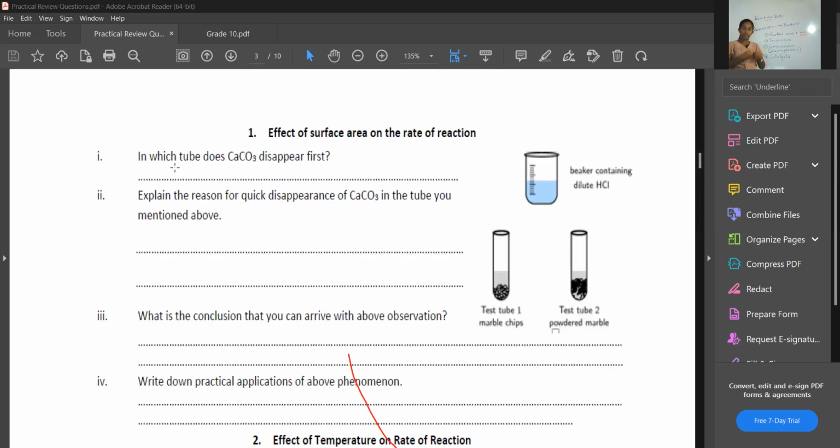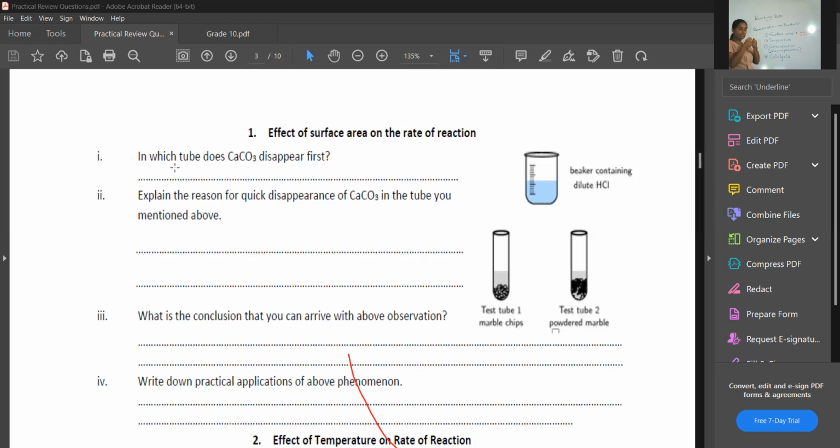When we heat them, what happens? That kinetic energy increases. The kinetic energy of the atoms of the reactants increases when we heat the reactants.